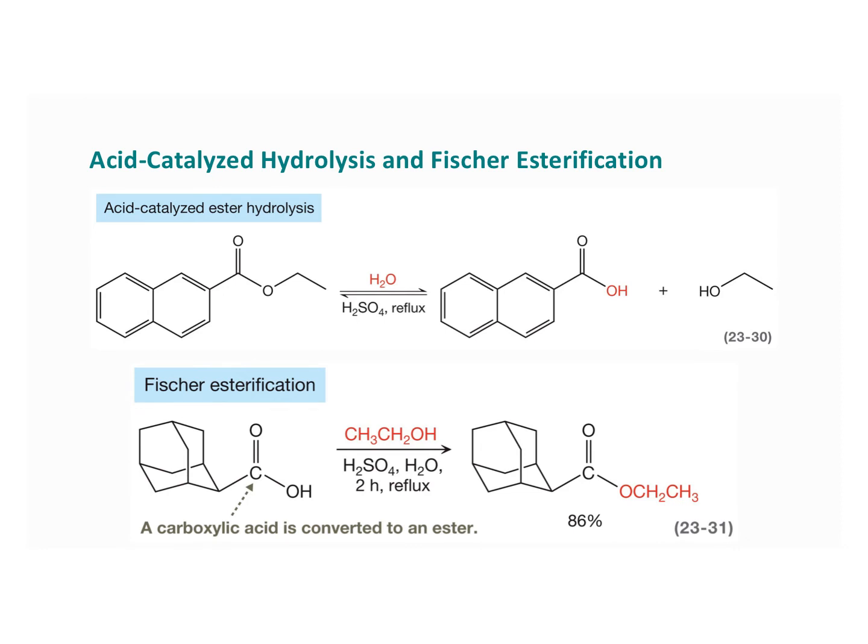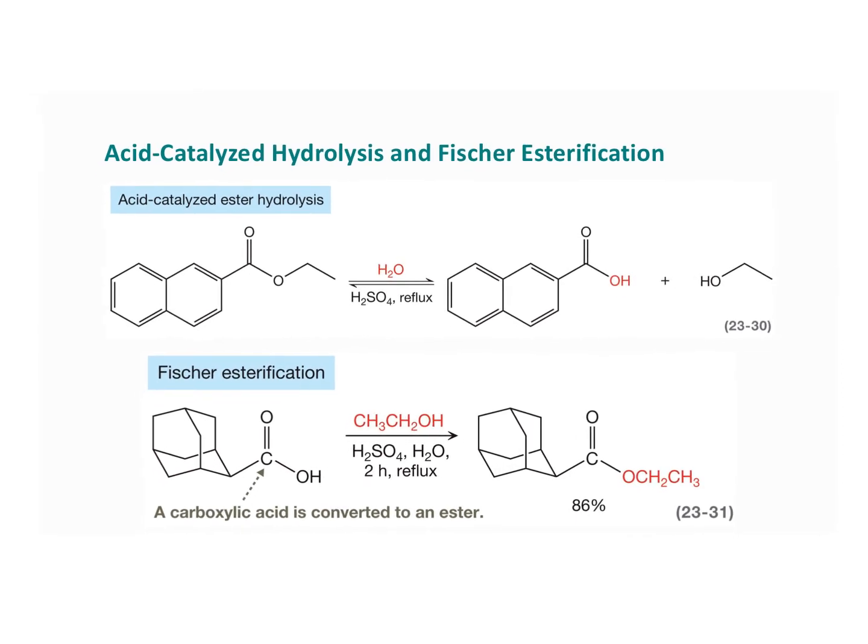Now, unlike what we saw previously under basic conditions, the conversion of an ester to a carboxylic acid can also be acid catalyzed. And so this is an example of something called an ester hydrolysis. Now, this reaction, like an acid catalyzed transesterification, is reversible. So achieving a high yield of the product often requires using Le Chatelier's principle.